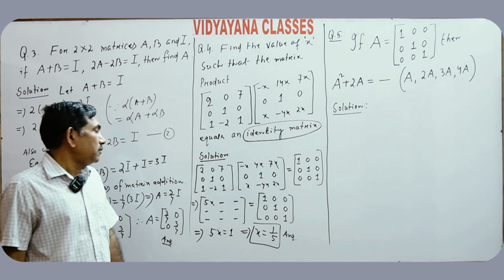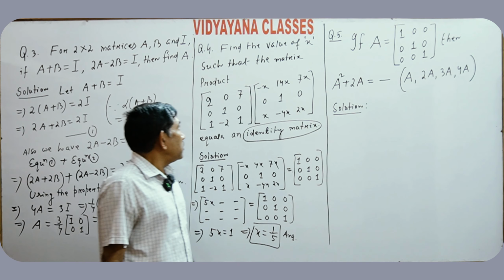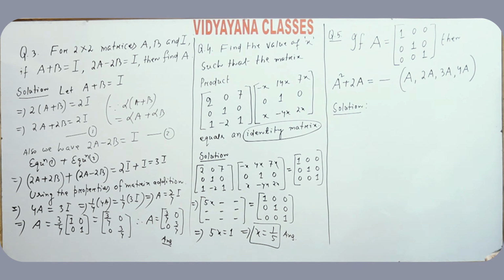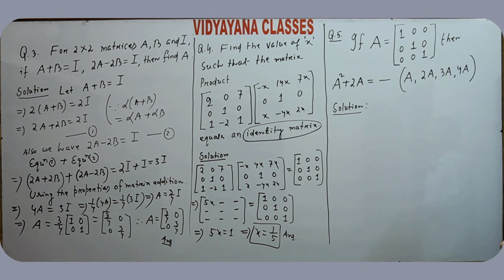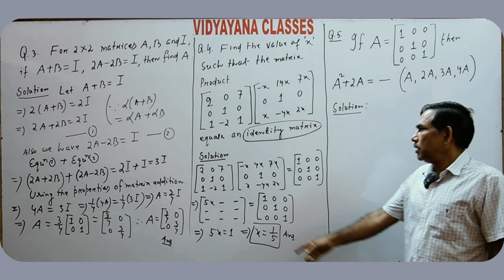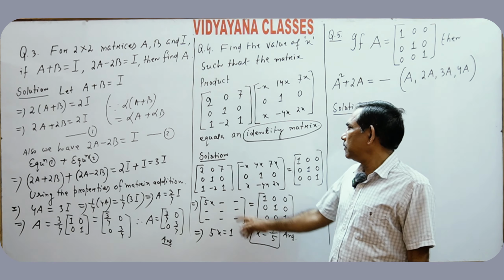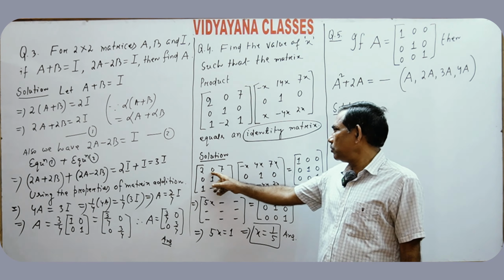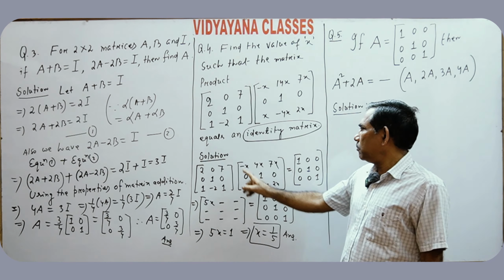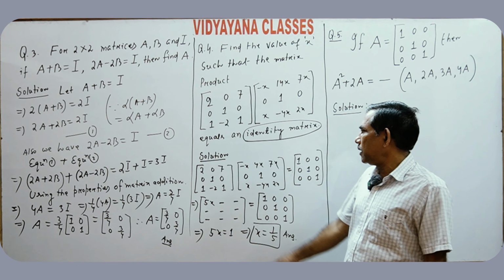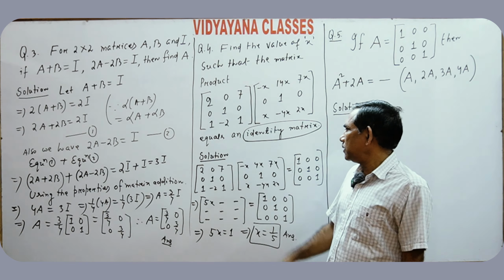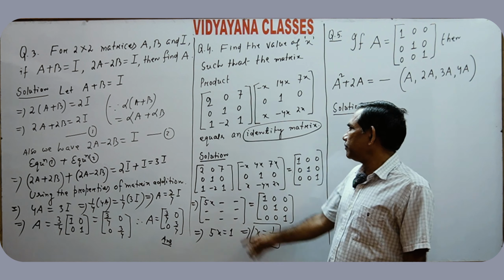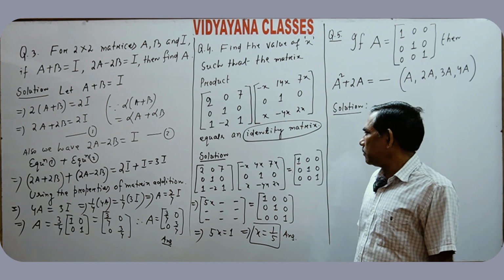Clear? Two matrices are equal if their corresponding elements are equal. Multiplying this and this matrix by matrix multiplication, go through row 1, come down in column 1, multiply the corresponding elements and add them. 2 into minus x is minus 2x, 0 into 0 is 0, 7 into x is 7x.